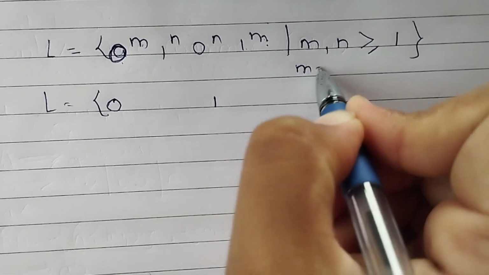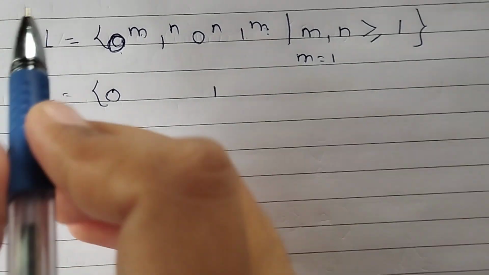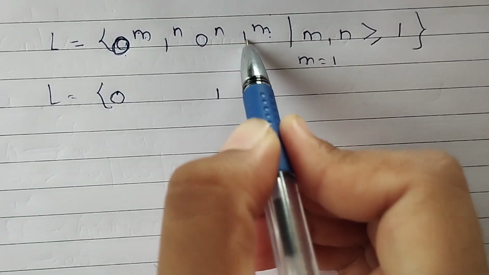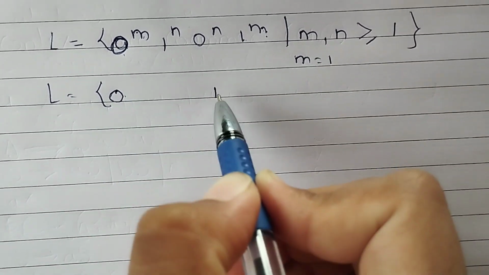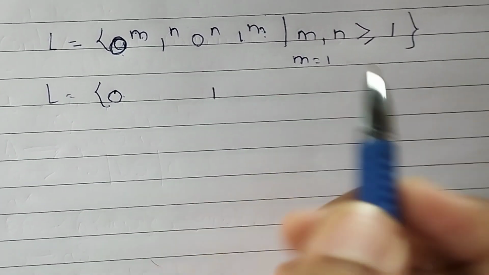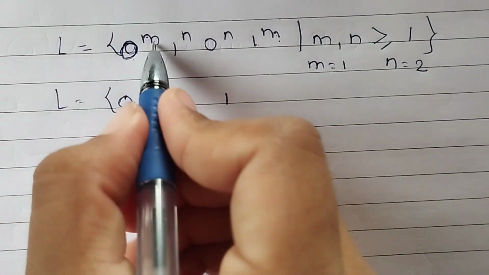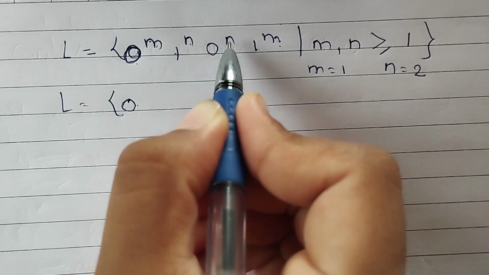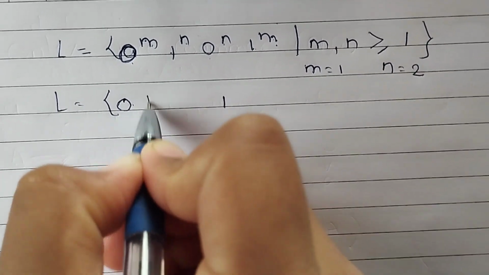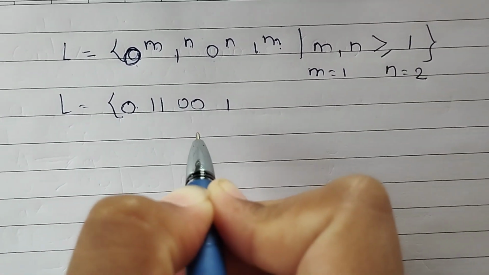So when m is equal to 1, this is 0 raised to 1 and 1 raised to 1. So 0 and 1 come one time. Then when n is equal to 2, this 1 comes 2 times and 0 comes 2 times. So 1100.